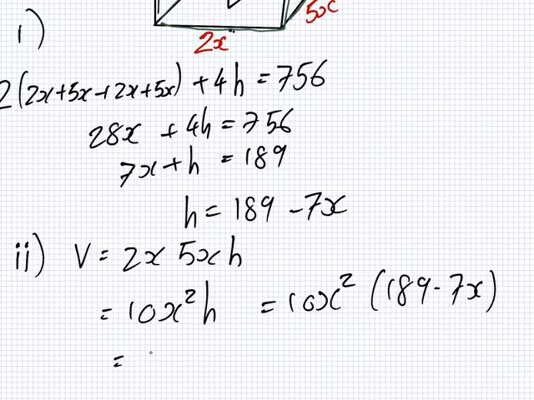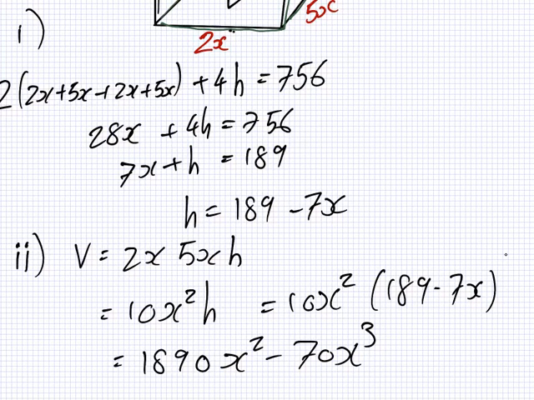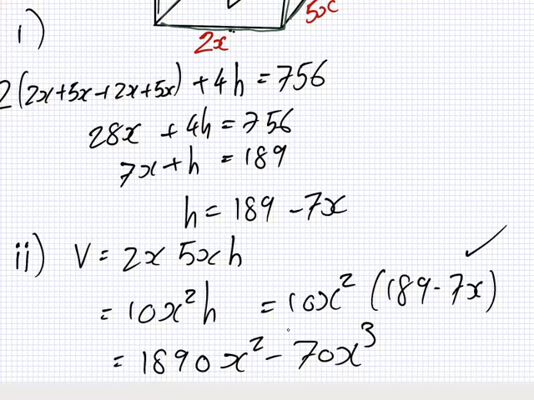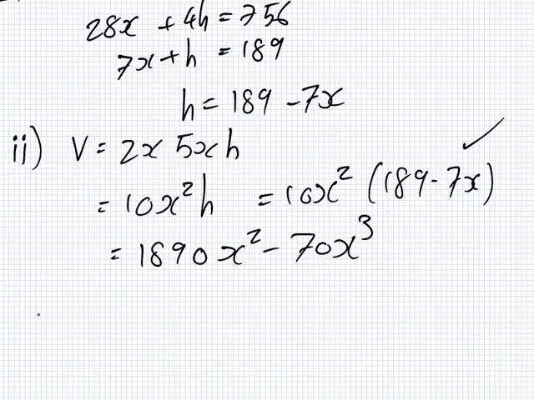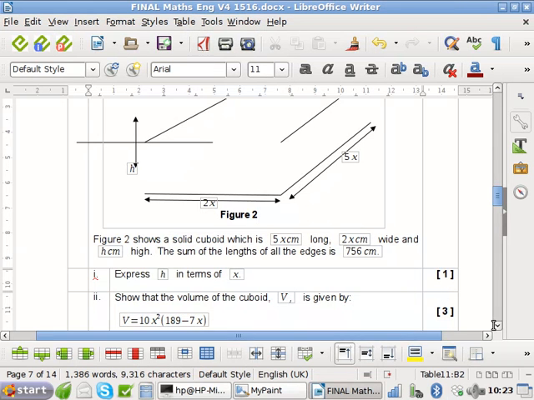That will equal 1890x squared minus 70x cubed. Oh, they leave it with the 10x squared outside, so that's fine. Okay. Hang on, let me just see what they want next.